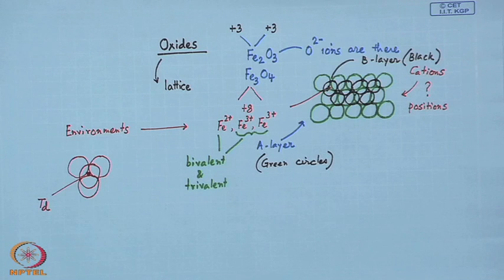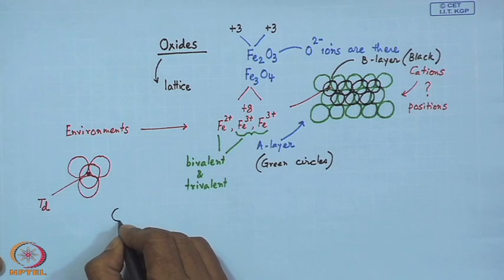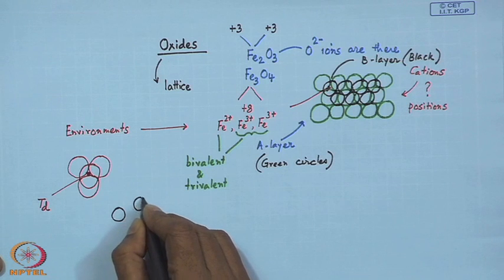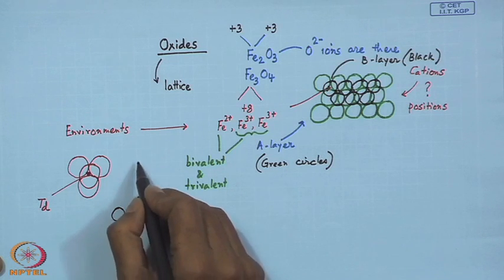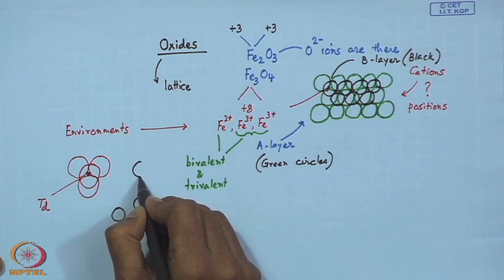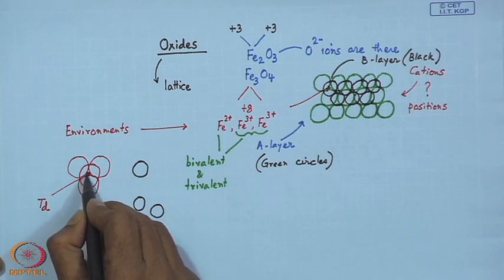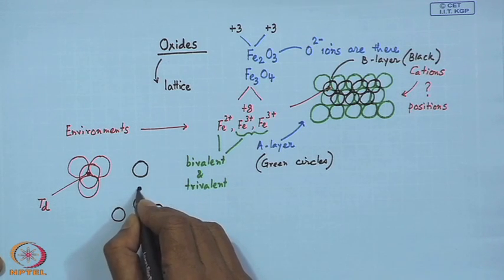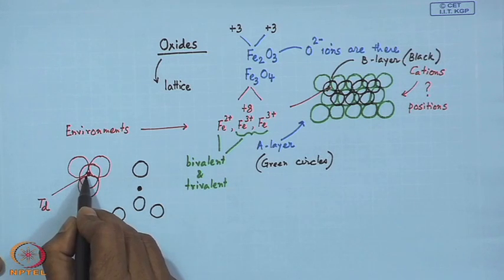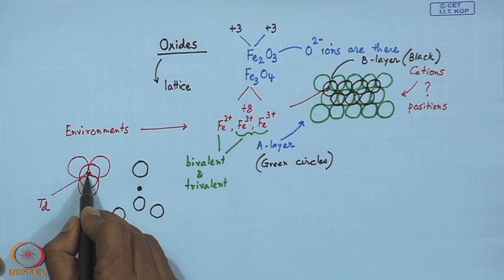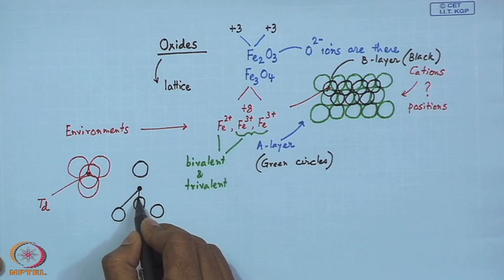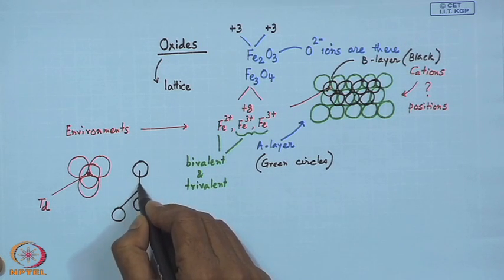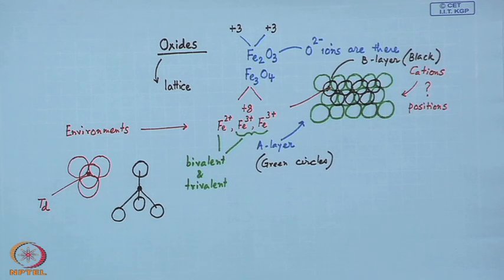This is one oxide anion, this is the second oxide anion, this is the third oxide anion, and these three from the first layer form a triangle, and from the top we have the fourth, which is covering this particular cavity. The small cavity or hole within this arrangement of 4 spheres thus has 4 nearest neighbors. So, the arrangement is typically a tetrahedral arrangement.